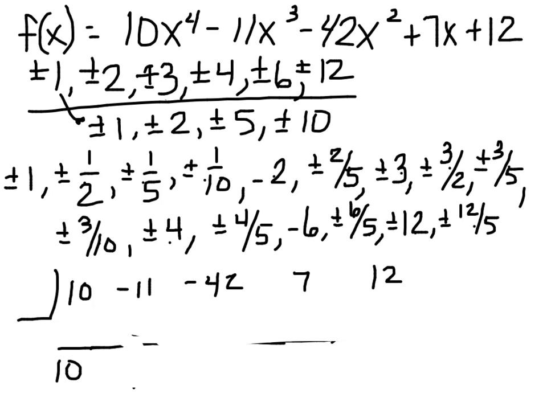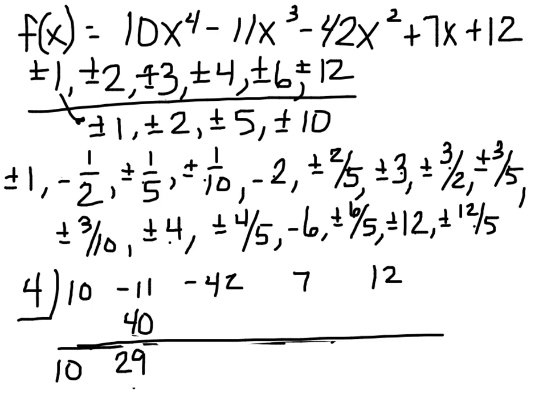Hold on. I gotta get rid of all the ones that you guys told me. Okay, now which one are we on? 4? What's 4 times 10? 40 minus 11? 29 times 4. 116 minus 42. 74 times 4. 296 plus 7. 303 times 4.